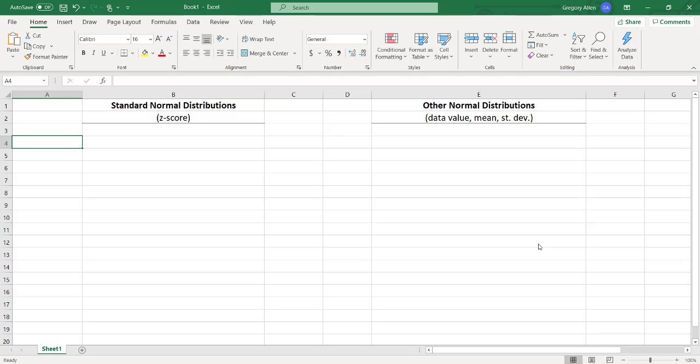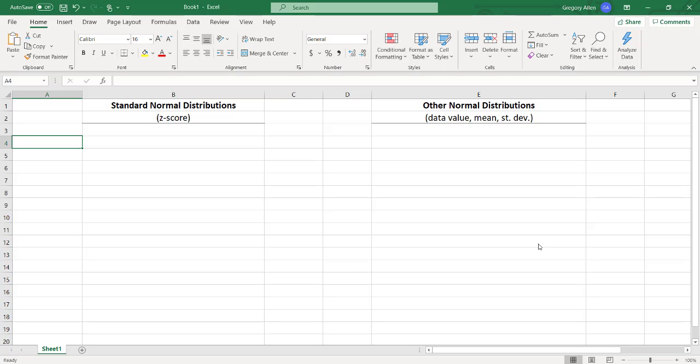So in your head, the key distinction you want to keep in mind is: are you given a z-score, which would mean you're working with the standard normal distribution formulas, or do you have an actual data value, a height or a weight or a test score? And in that case, you're also going to need to know the mean and standard deviation of your population.